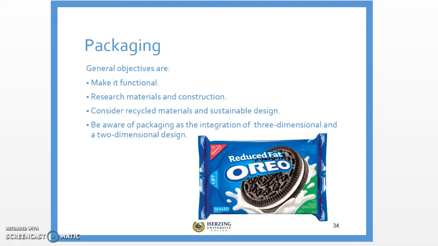We all remember Oreos and the package they came in when you opened it up. It was kind of tough to really seal that back, but now they've invented, within the last few years, this lift that you can lift up, and it has some sort of adhesive on there, so when you put that back, it seals that package up to keep the freshness.